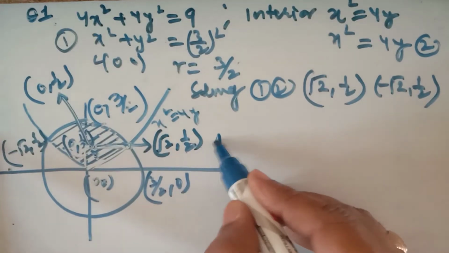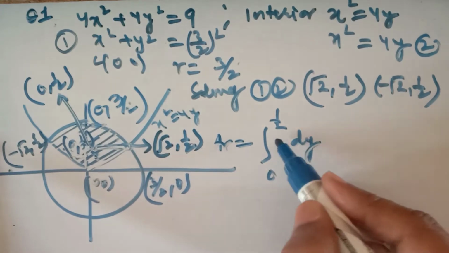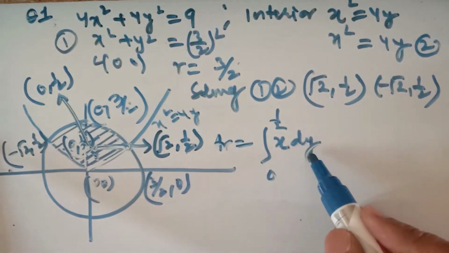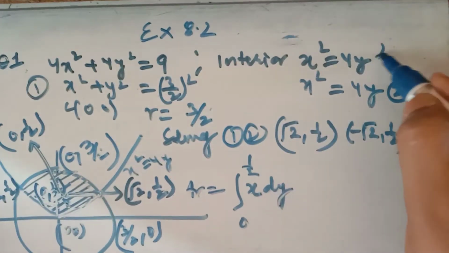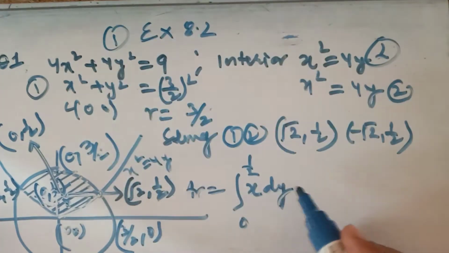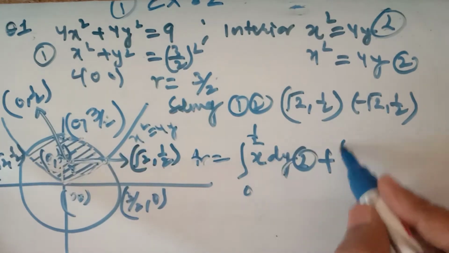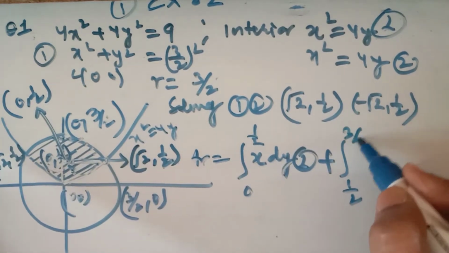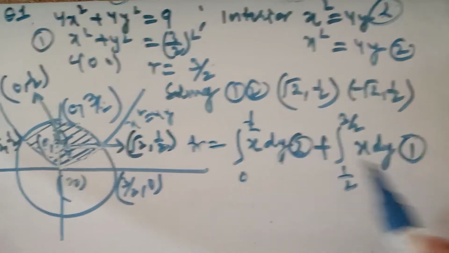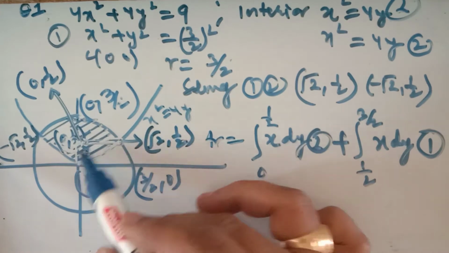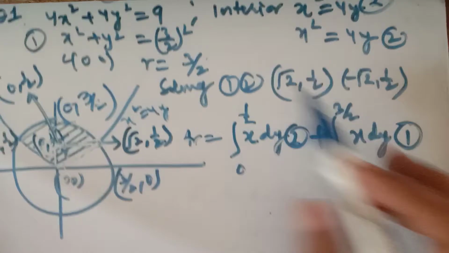So this area will be, from 0 to 1/2 with respect to y, you put the value of x of this parabola, which is 2 times, plus from 1/2 to 3/2 it is x with respect to y of the circle. From 0 to 1/2 it is touching the parabola, from 1/2 to 3/2 it is touching the circle, that is curve 1 and curve 2.